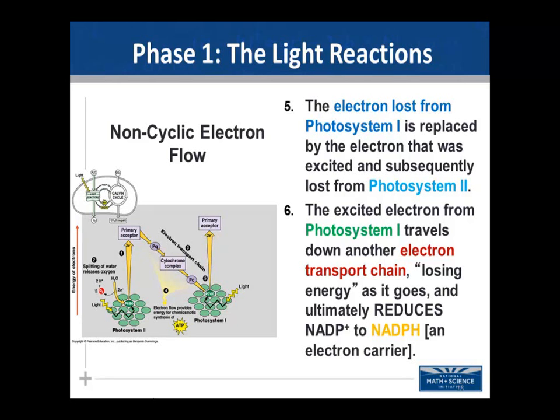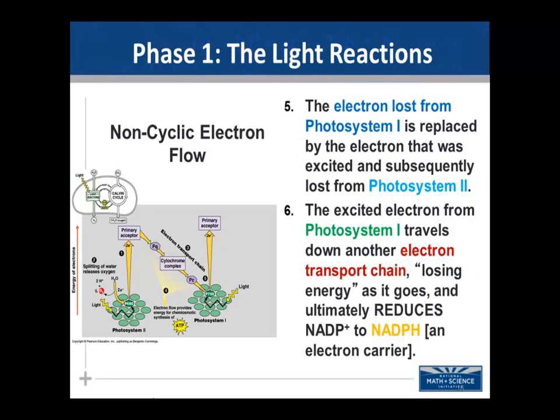Now, in much the same way as what occurred to the first electron, the second electron, the one that's excited away from photosystem 1, also travels down an electron transport chain, which is made of increasingly electronegative cytochromes.